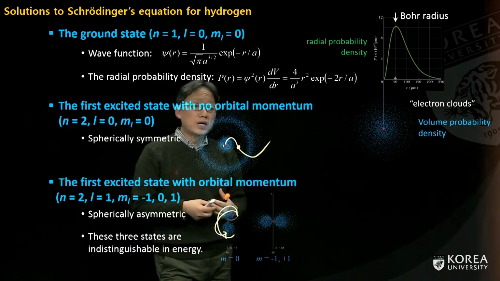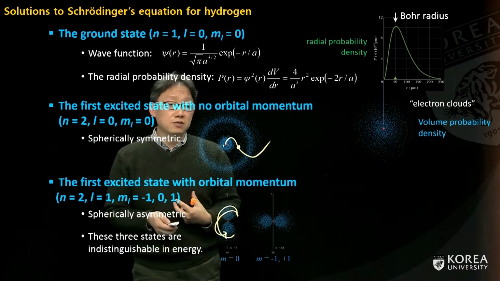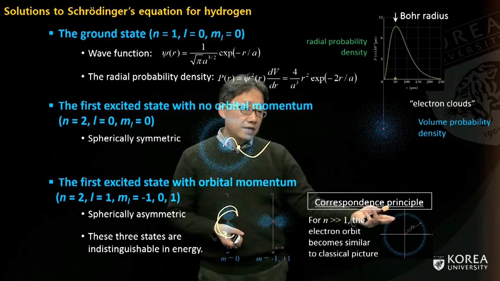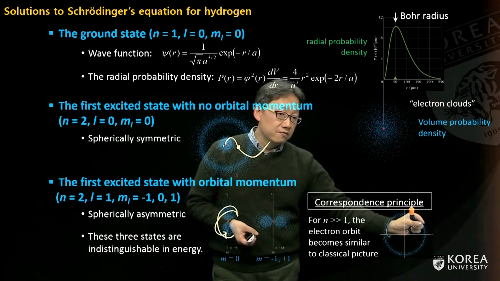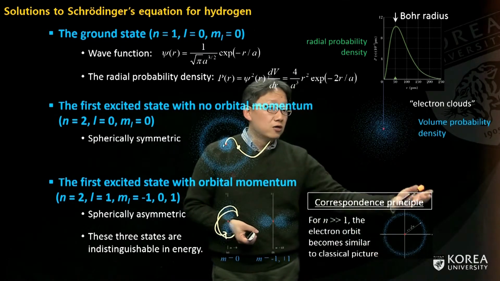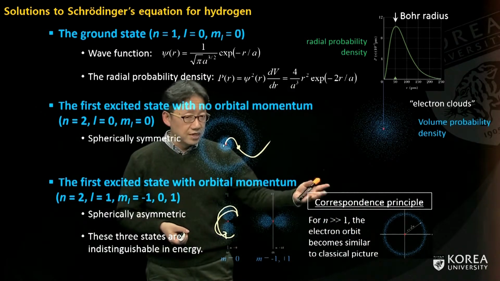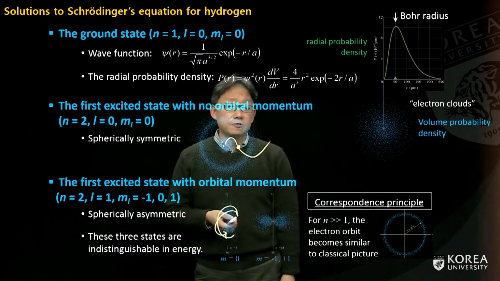Okay, and the reason why they form an electron cloud is because they have a wave-like pattern. Finally, if you go to a very high n, the electron cloud will look like this. Because they are confined in a narrow range, it again starts to look like a classical orbit. Now again, you see the correspondence principle is working here.